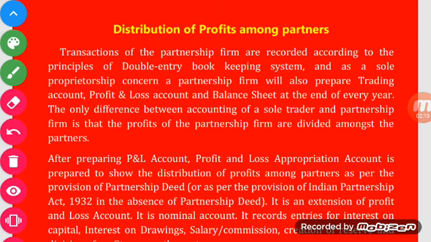Like a sole proprietorship concern, a partnership firm will also prepare a trading account, profit and loss account, and balance sheet at the end of every year. The only difference between the accounting of a sole trader and a partnership firm is that the profits of the partnership firm are divided amongst the partners.